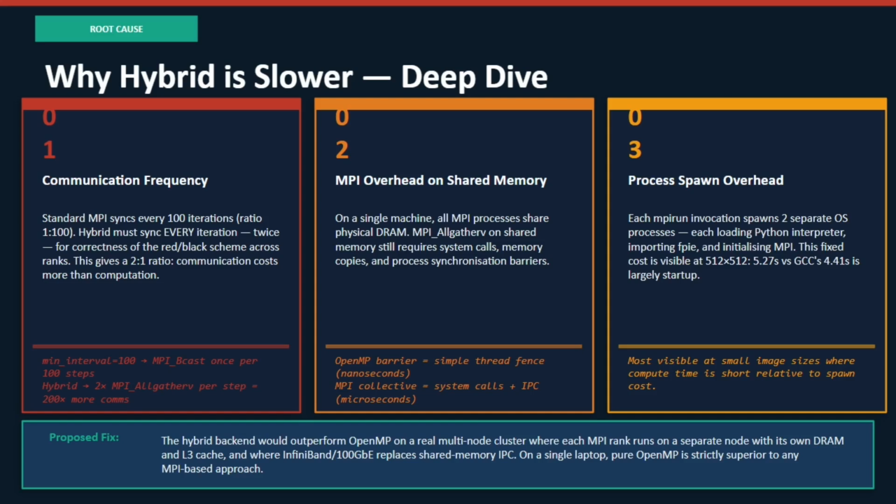The hybrid backend used both MPI and OpenMP together because the thinking was more workers means faster implementation, but on a single laptop it actually runs much slower because we had a single machine with a single RAM, so there was no actual significant work division, but there was a lot of communication.